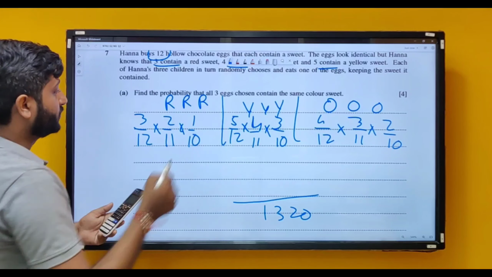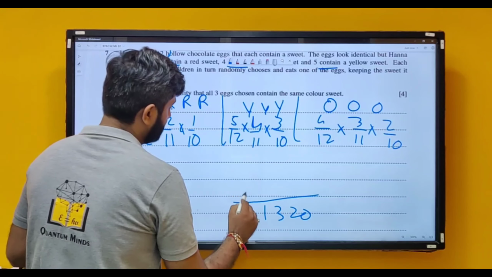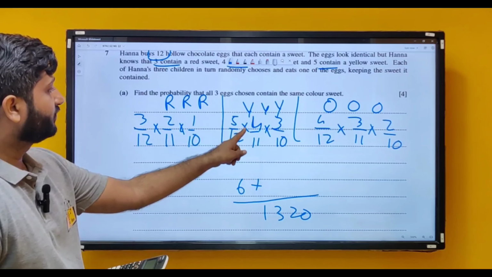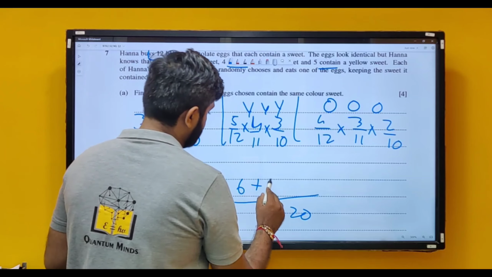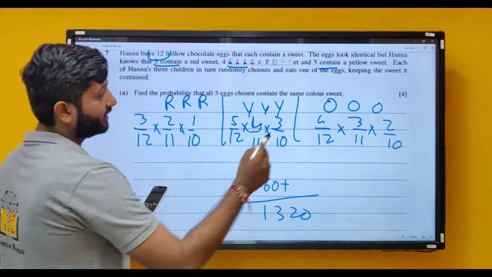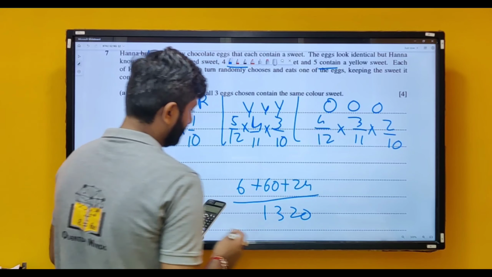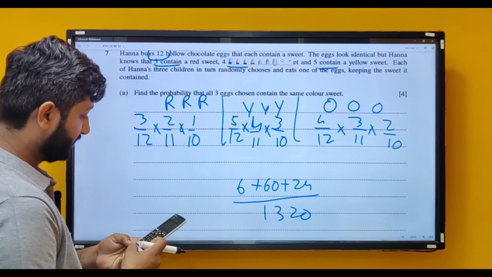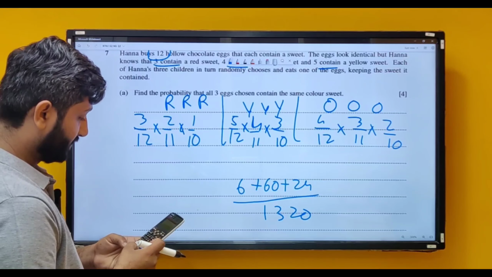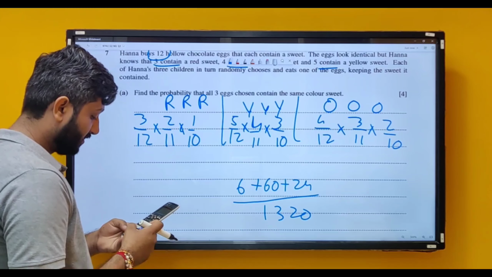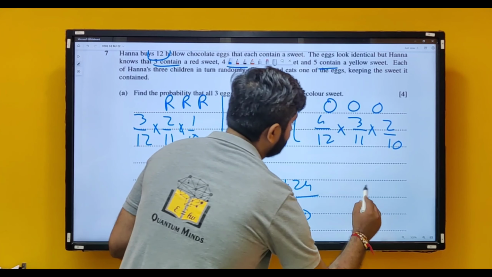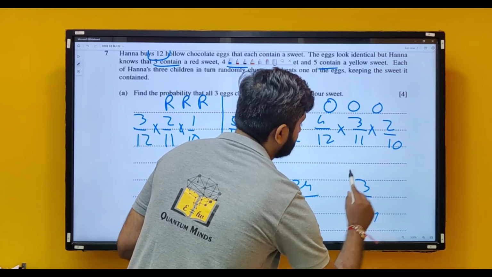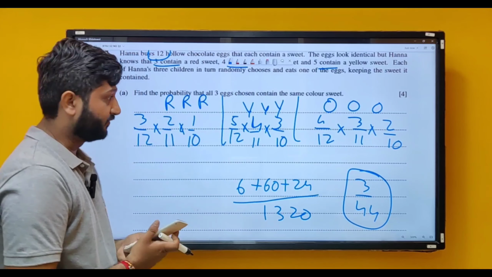I'm supposed to add all the numerators. 3 into 2, 6, plus 5 4s are 20, 20 3s are 60, 4 3s are 12, 12 2s are 24. So 60 plus 24 plus 6, divided by 1320, which is 3 by 44. So the final answer is 3 by 44.